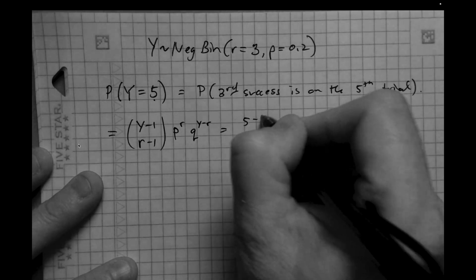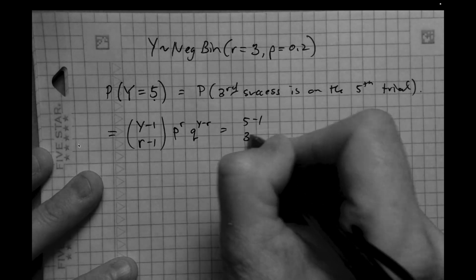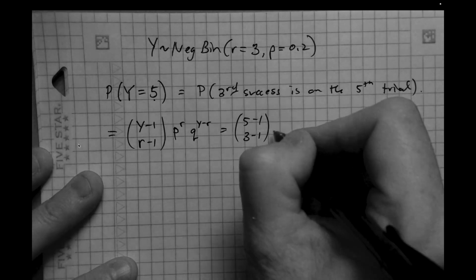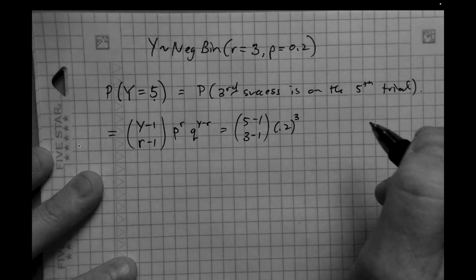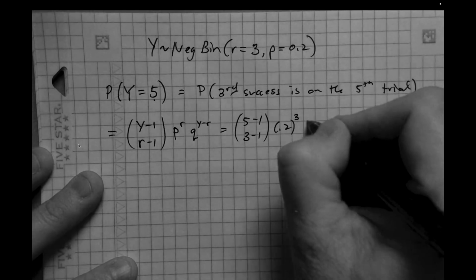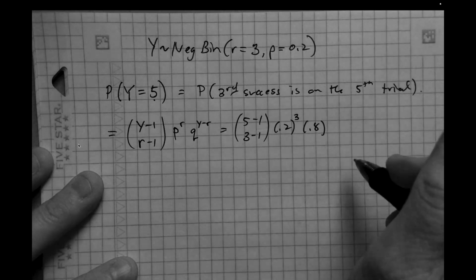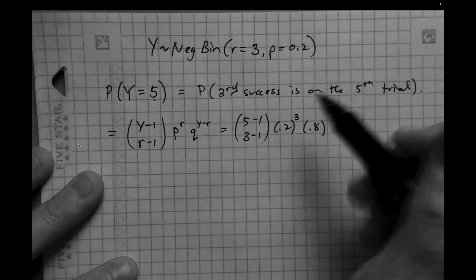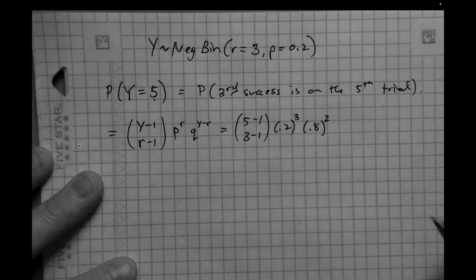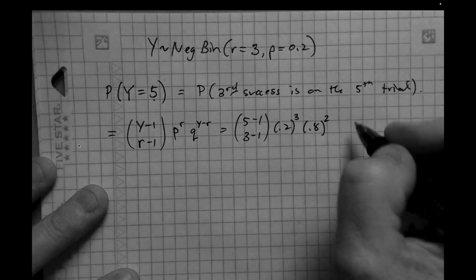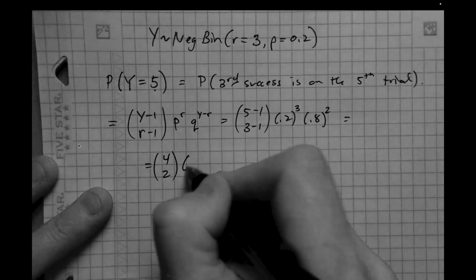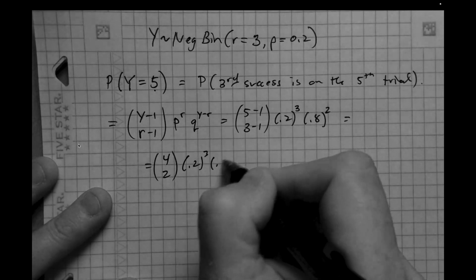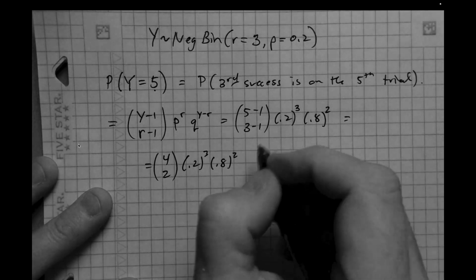This is going to be 5 minus 1 choose 3 minus 1, times 0.2 to the 3rd power, and 0.8 to the 5 minus 3, so the 2nd power. So we have 4 choose 2 times 0.2 to the 3rd times 0.8 to the 2nd power.